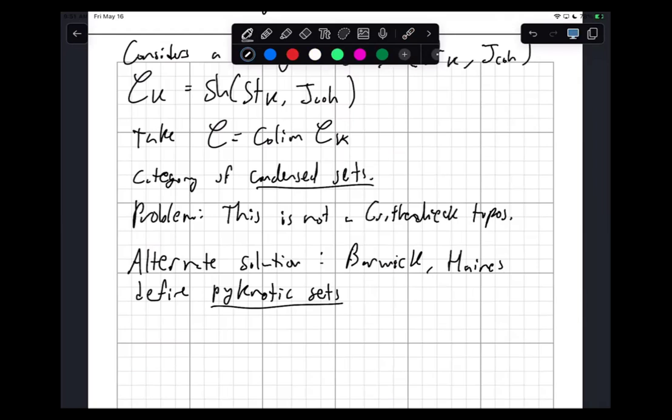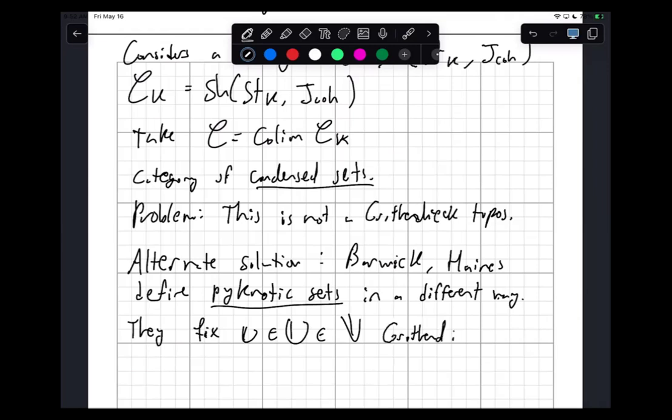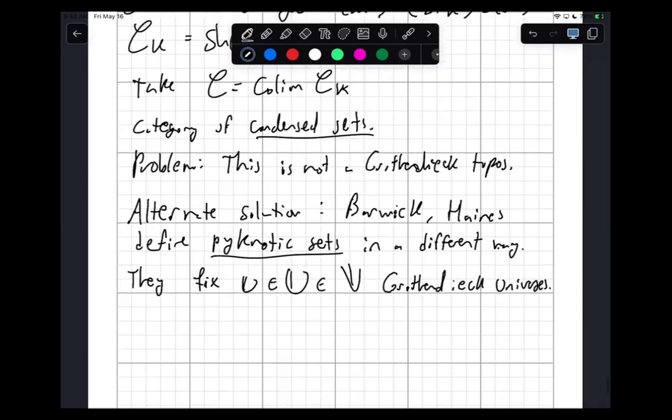They do the following. They fix three Grothendieck universes: little u, big U, and big V. They fix three Grothendieck universes, and call sets in little u tiny.